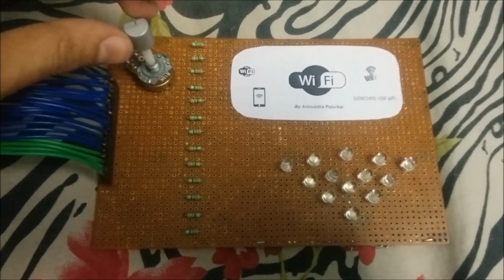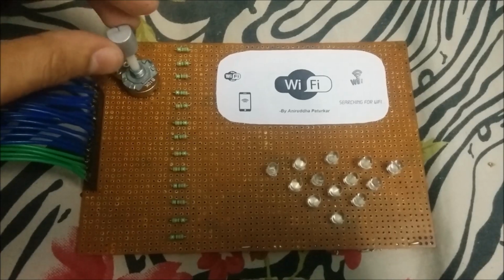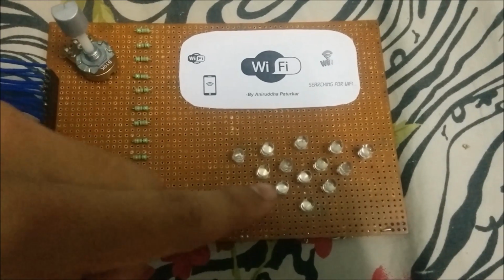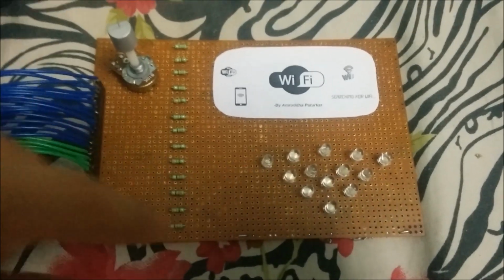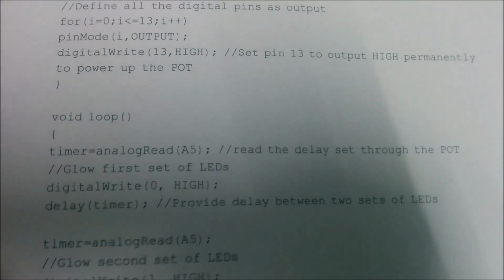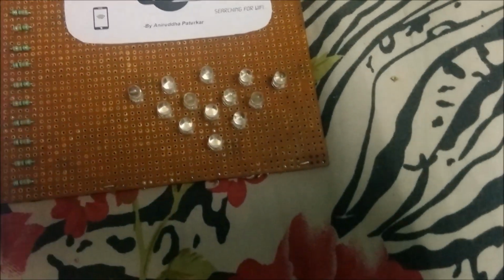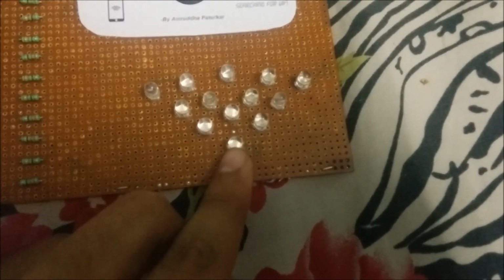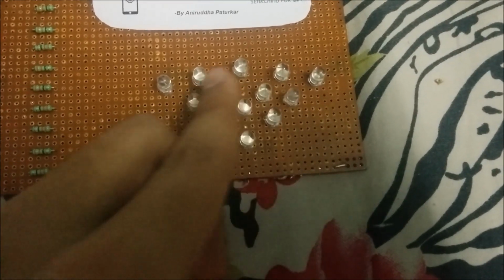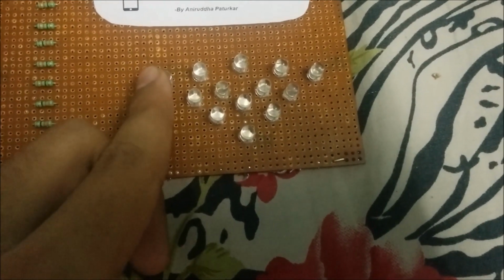But we don't want a lag between this varying of the delay and the blinking rate. For that, we would require to read the setting of the pot each time before we glow the set of LEDs. So first set contains only one LED, next set contains three, the third set contains four, and the last contains five LEDs.